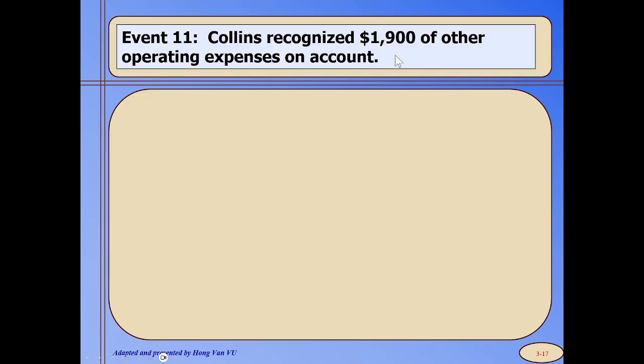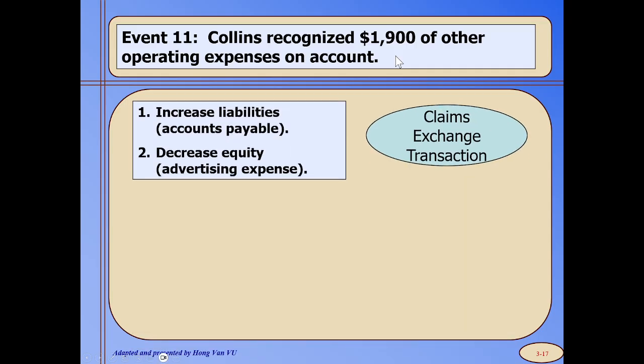Recognized means that there's no transaction impact on cash, but the company records all of the operating expenses that they have not yet settled with the service provider. This transaction increases the liabilities, accounts payable, and decreases the equity through the advertising expense.